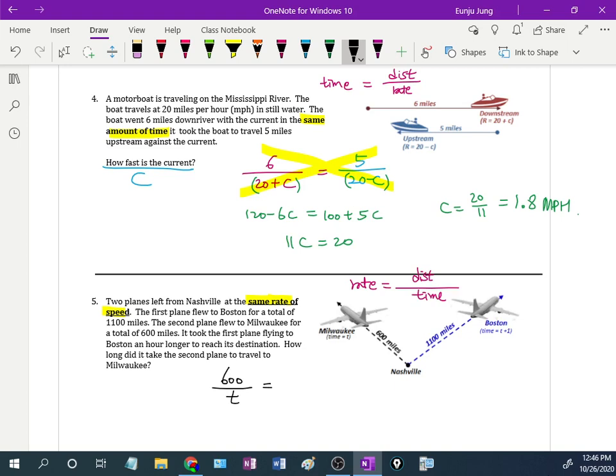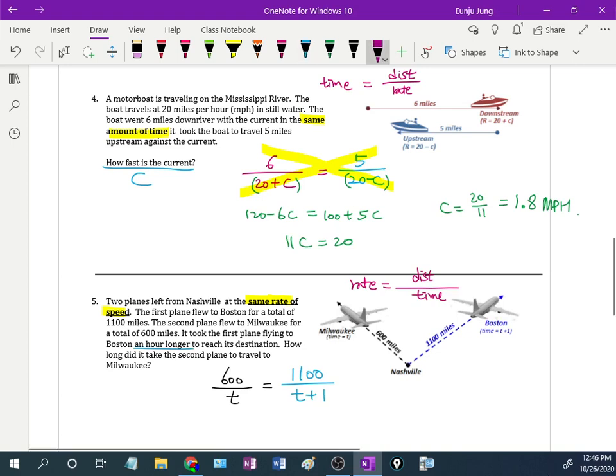And on the other side, the distance is given, 1,100 miles, okay, and to get there we have a longer time, so we will add 1 hour longer, so the expression will be t plus 1.